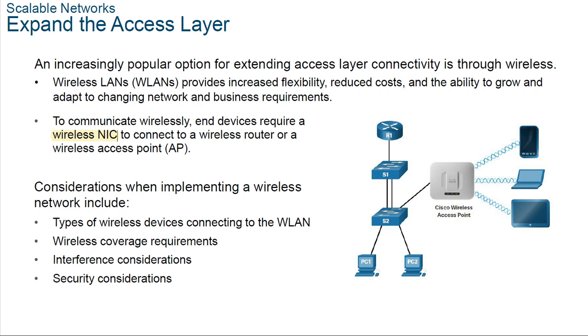A wireless access point, not your wireless router, the same as in your home. This is more of an enterprise-level wireless access point, which supports better connection and also a better number of users. Also the security features.